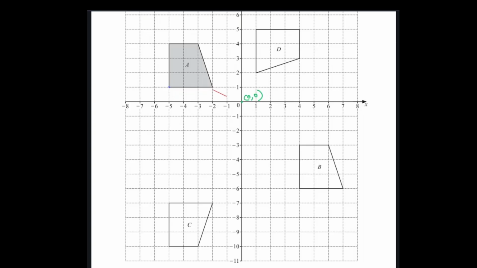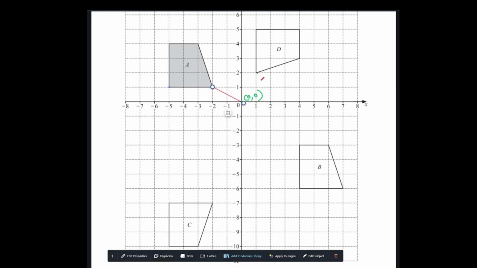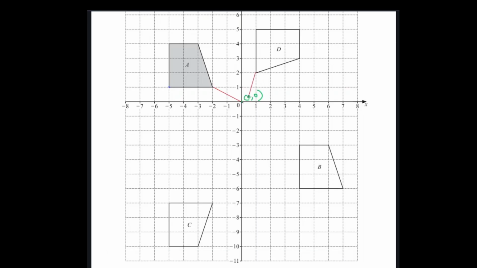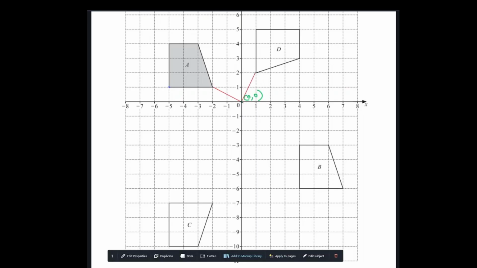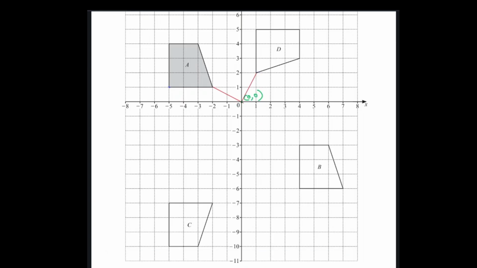Let me draw once again. And then the same corresponding vertex from the rotated shape, and check how these two lines have changed. I mean, what is the angle forming in between these two lines? So you see that a 90-degree angle is forming, and in which direction? The direction here is like this. So it is 90 degrees clockwise.